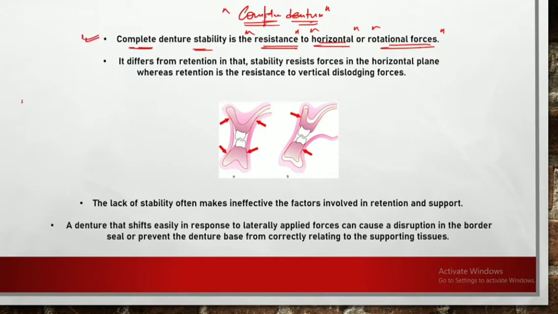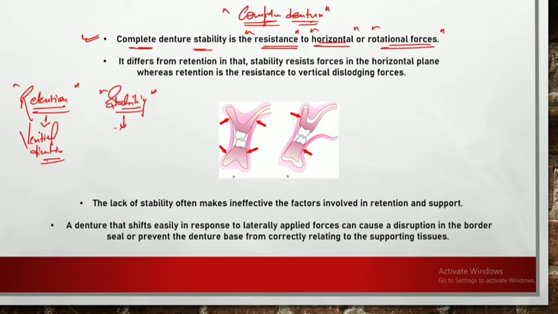Now what is the difference between retention and stability, right? The main difference is that retention is resistance to forces acting mainly in the vertical direction, whereas stability is resistance to forces acting in the horizontal direction or forces that are of rotational type.